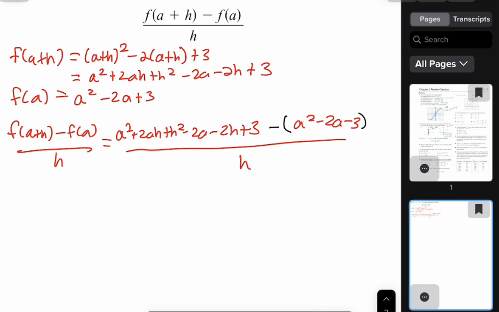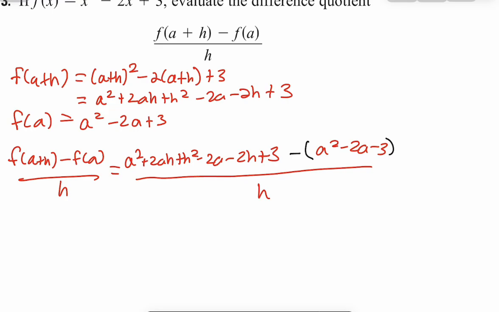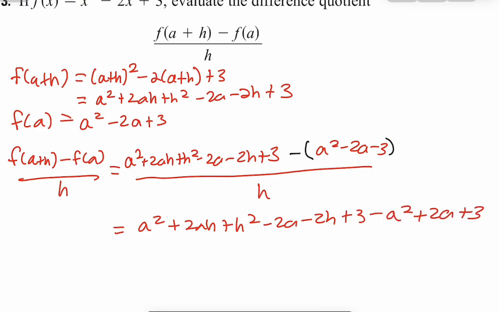Now, what's nice about that is the fact, remember, once you distribute this, everything that does not contain an H should have an opposite in the problem and cancel out. So we get A squared plus 2AH plus H squared minus 2A minus 2H plus 3 minus A squared plus 2A plus 3 all over H. And then just start canceling things out, okay?